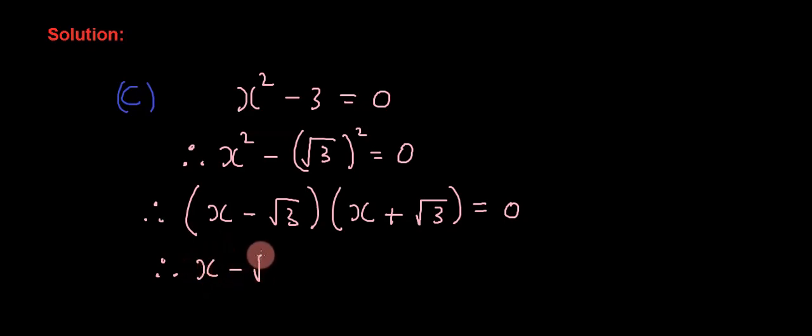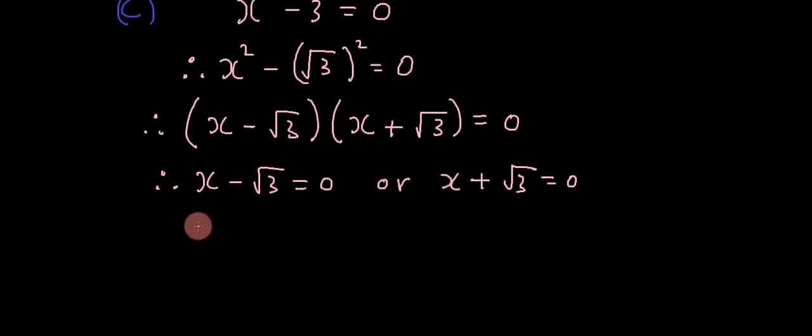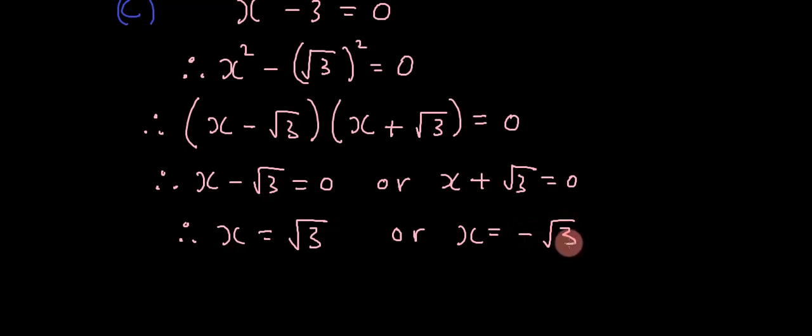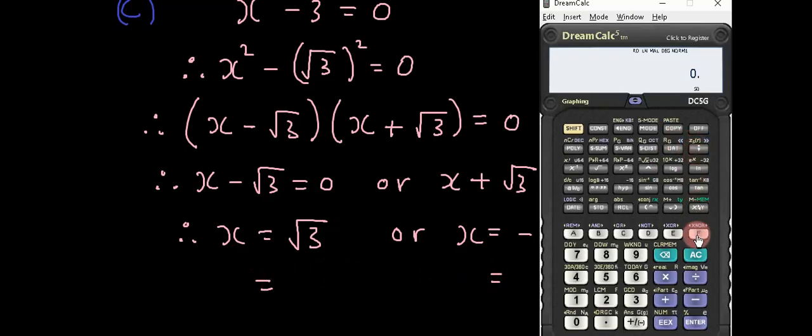So x minus the square root of 3 equals 0, or x plus the square root of 3 equals 0. So then x is equal to the square root of 3, or x is equal to negative the square root of 3.